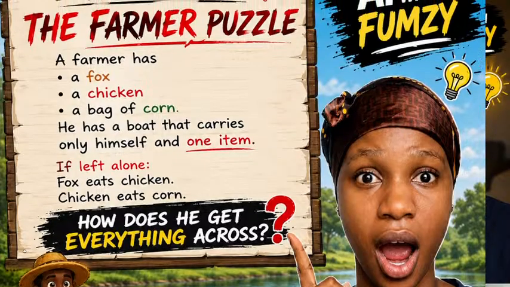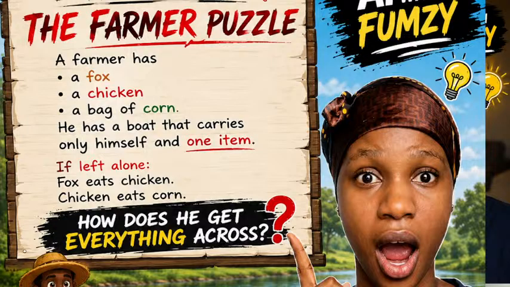This is the puzzle, the farmer puzzle. A farmer has three items: a fox, a chicken and a bag of corn, and he has a boat. He's at, let's say, the river bank. He wants to cross over these items he got from his farm. And mind you, if you leave the fox with the chicken, the fox is going to eat the chicken, and if you leave the chicken with the bag of corn, the chicken is going to eat the corn.